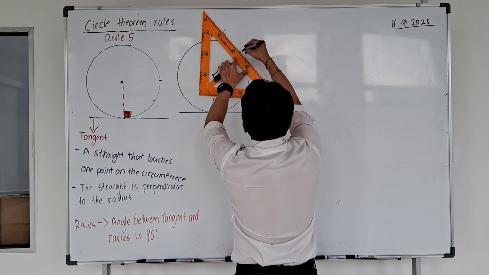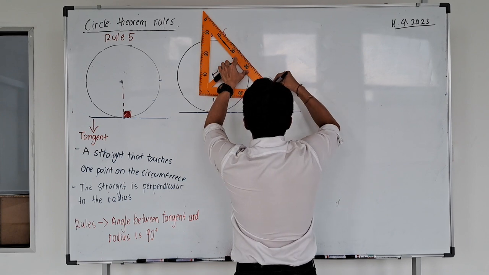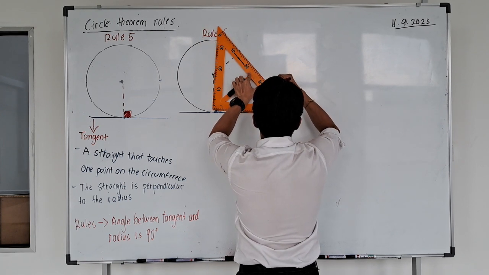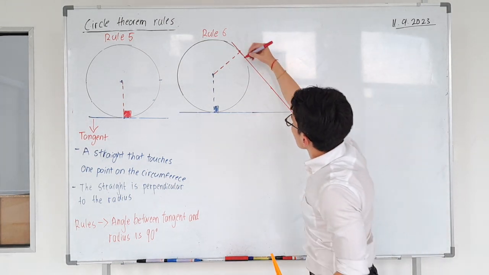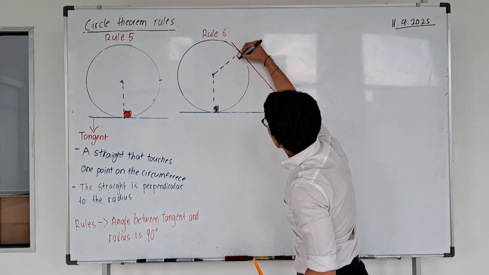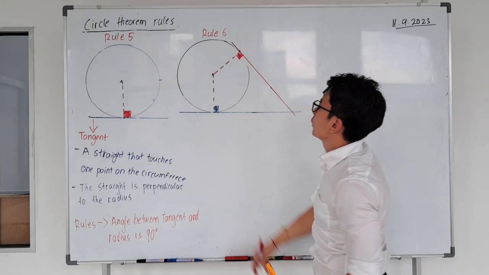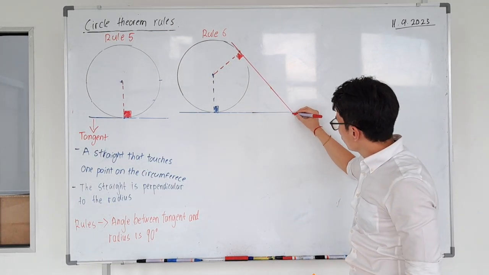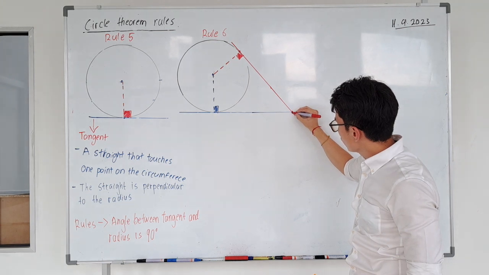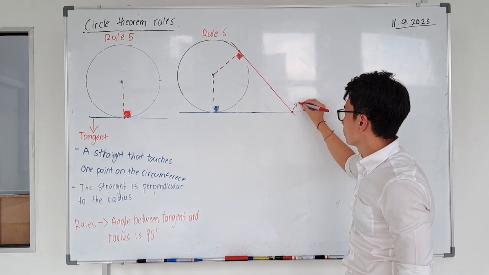It's supposed to be something like this. So that's my tangent over here. So I have two tangent lines. If you notice, there is a point of intersection here, so I will label this as a point.